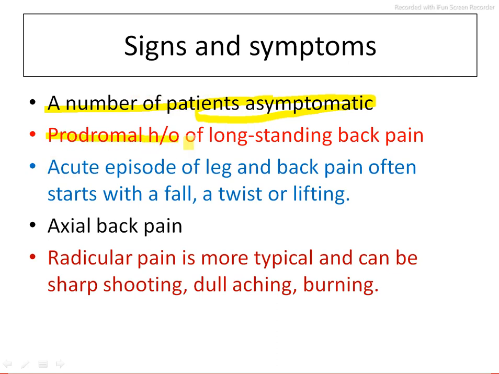So there can be a preceding long-standing back pain and an acute pain episode followed by a fall, twisting, or heavy weight lifting. And the pain can be axial back pain, and there can be radicular pain when radicular nerves are involved, and it can be sharp shooting type, dull aching, burning, sciatica-like features.